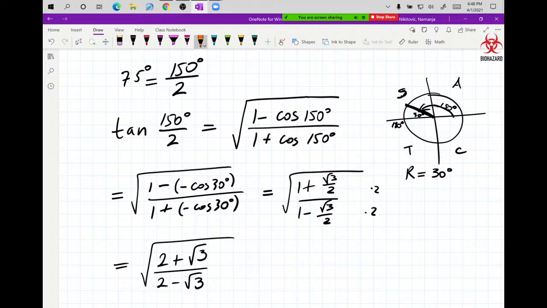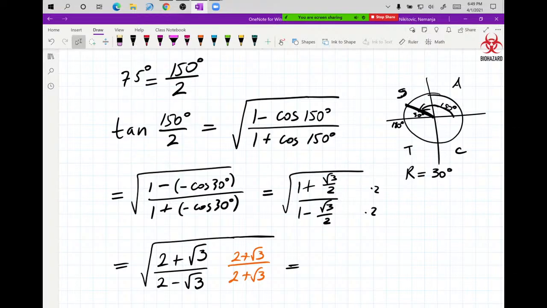I want to do the other one as well. So 2 plus root 3 over 2 plus root 3. That's happening under the root. So I'm technically multiplying by 1.